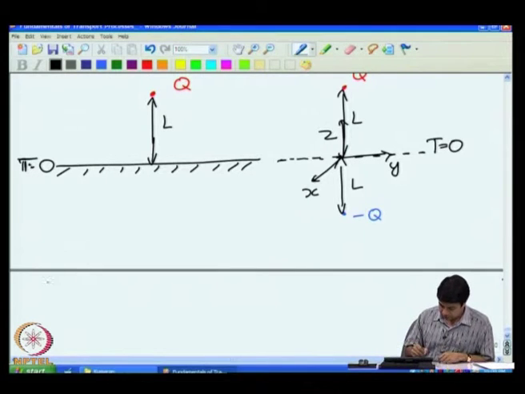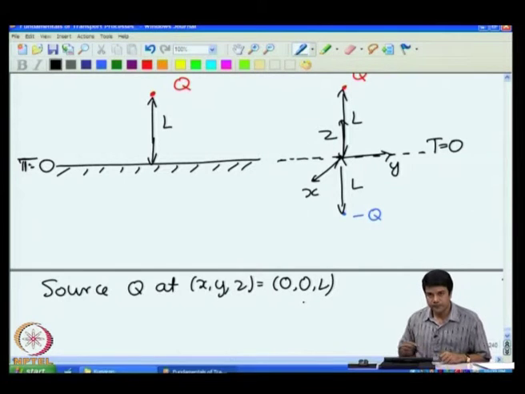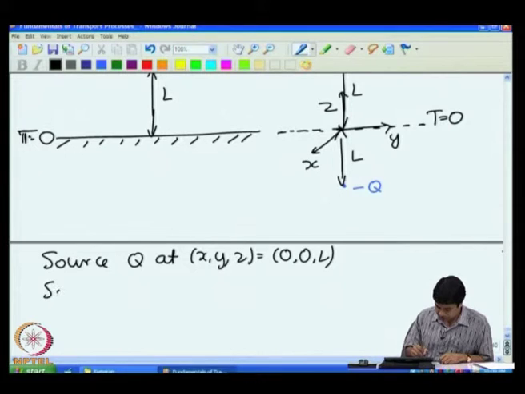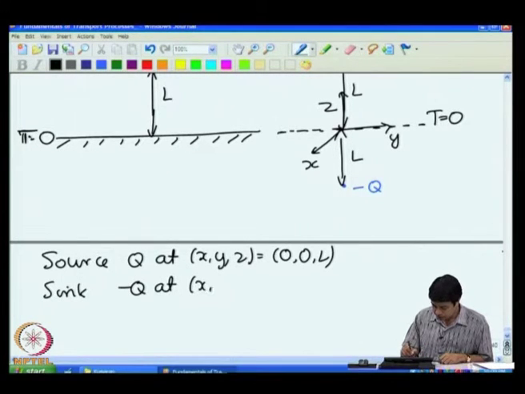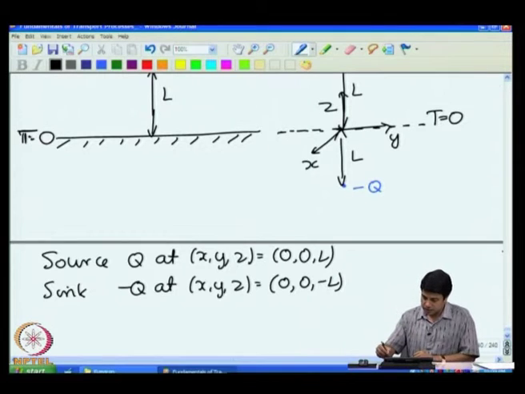Therefore, I have source q at x, y, z is equal to 0, 0, L. And I have a sink minus q at x, y, z is equal to 0, 0, minus L. So, that is in the second configuration.